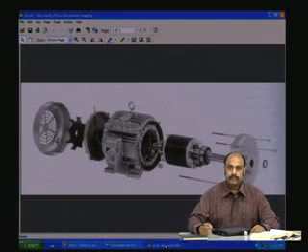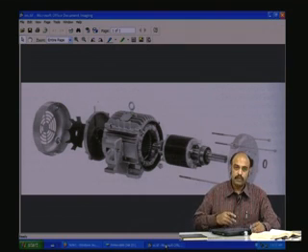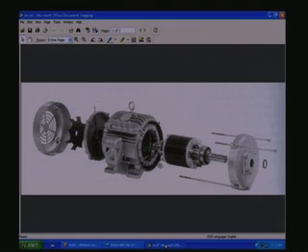So let us see this picture. You see that this is a picture of an induction motor that is broken apart, split apart. This is called the exploded view of the induction motor.